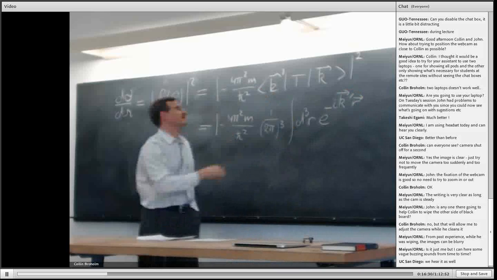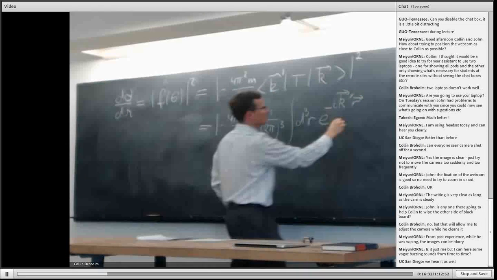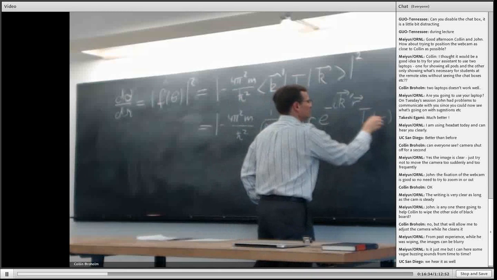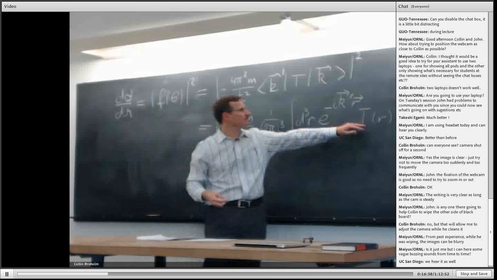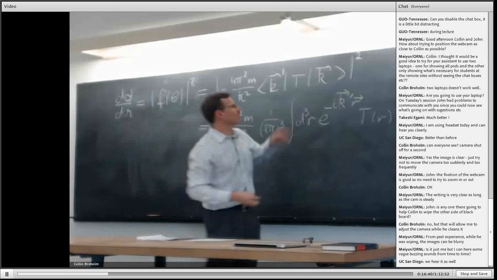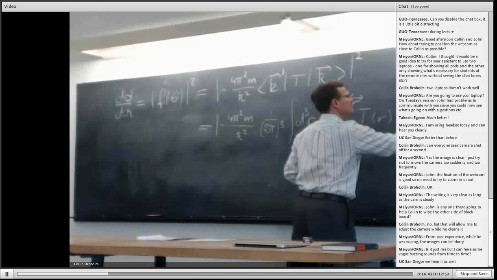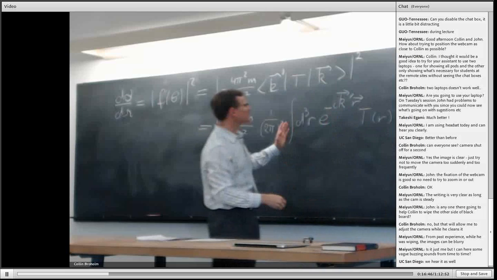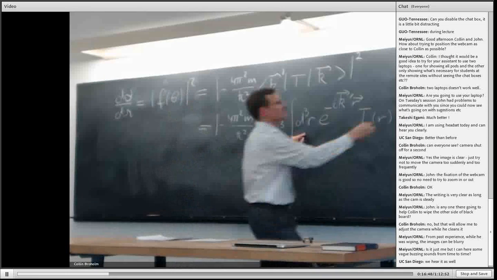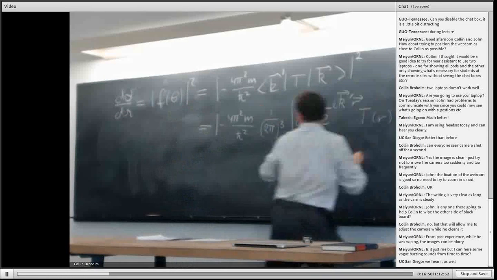R is the variable I'm integrating over, and then comes my potentially generally r-dependent T operator. So this is the position space representation of that operator, and then over here comes my e to the i k dot r. That's the matrix element, and all of this has to be mod squared.